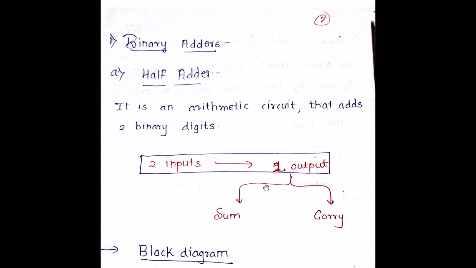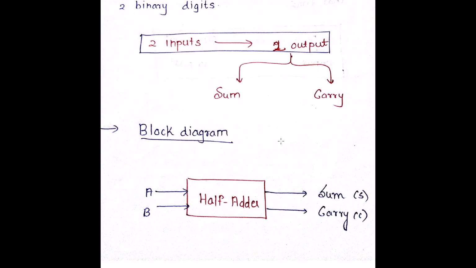The output will be in terms of sum and carry. So basically a half adder is an arithmetic circuit that is used for adding two binary digits. The output is going to be in the form of sum and carry both. If you look at the block diagram, we have a half adder in which you have two inputs A and B, and we have the outputs sum and carry.